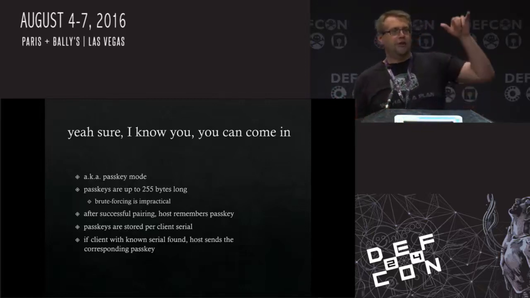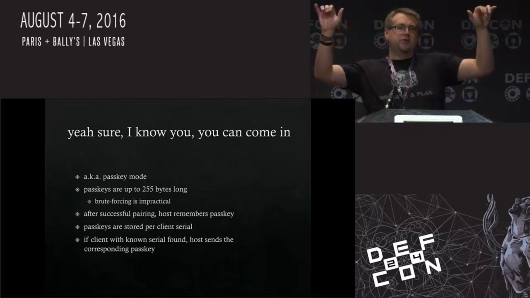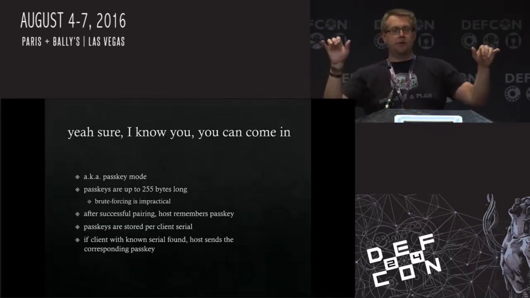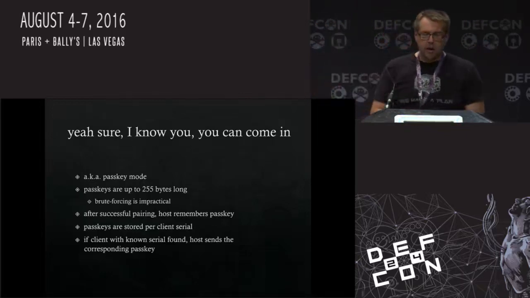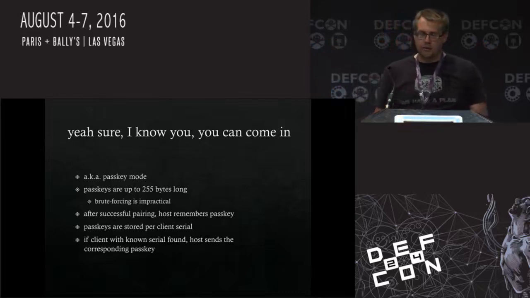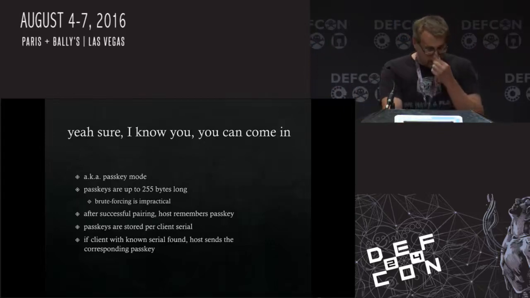So there's a client serial number and the corresponding passkey, another serial number, another passkey, and so on and so on. And when the host encounters a client with a known serial, then it tries to authenticate with the stored passkey.